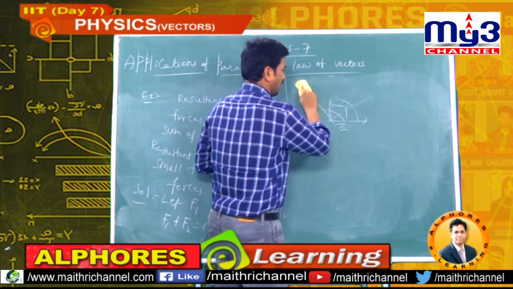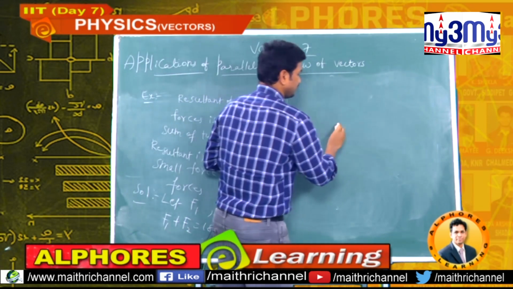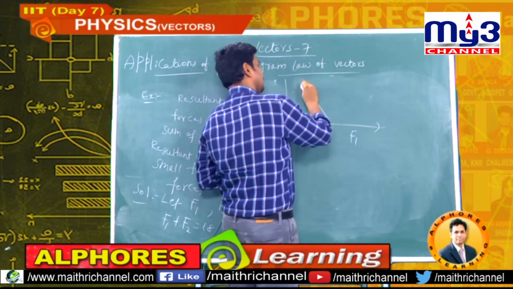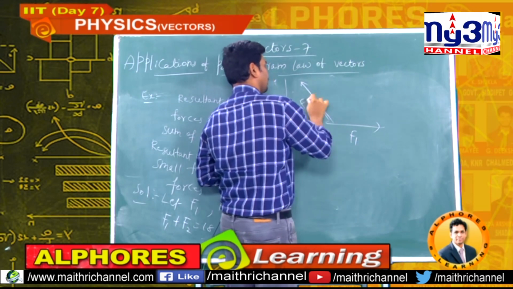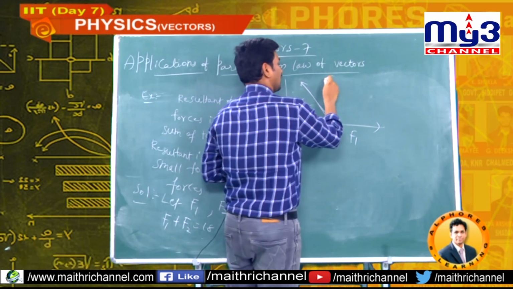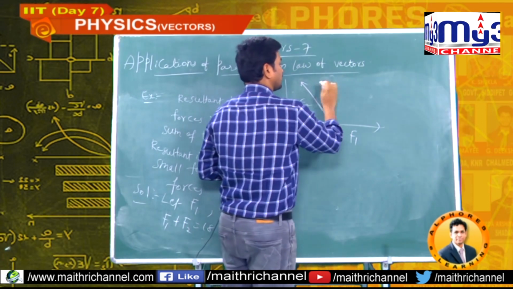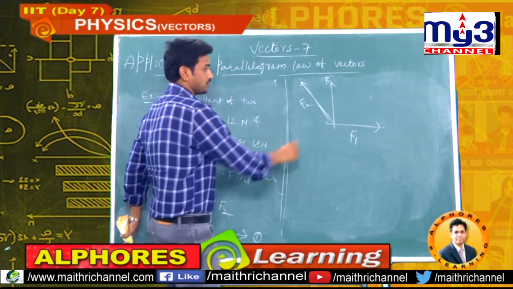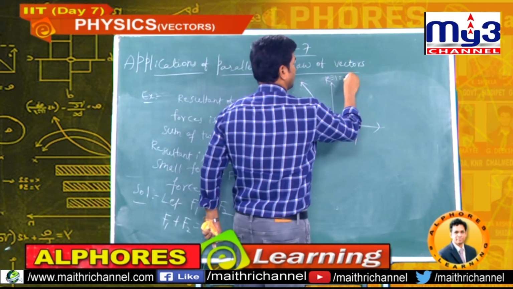Now I will read out the diagram. F1, this is F2. Now the resultant is R. That resultant value they gave as 12, R value given as 12 newtons.